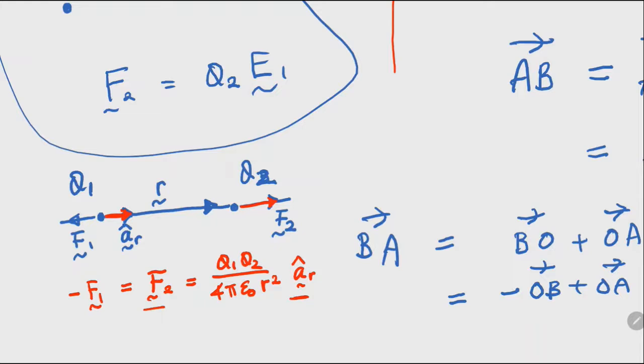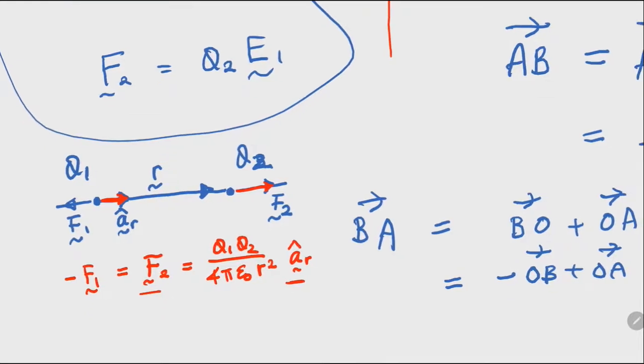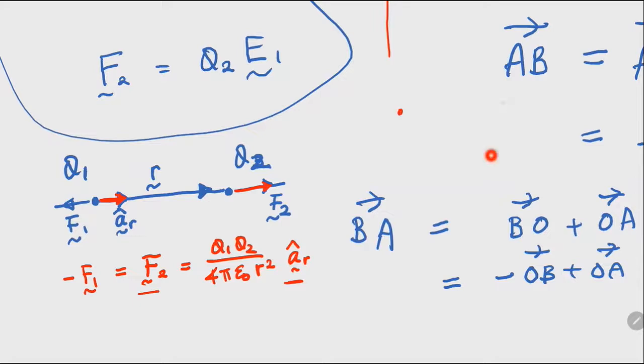Okay, so you can define the R vector to point from 2 to 1. It's just that you need to be consistent. You need to know the unit vector R then will be the same as F1. You get what I mean? So if I define it in the opposite direction, if I define my R, you can do that.